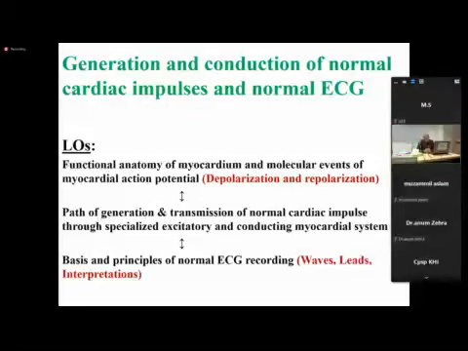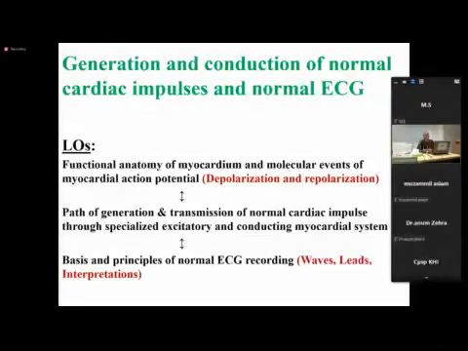And these are: number one, the generation and conduction of normal cardiac rhythm, which is also called sinus rhythm. Number two, normal ECG. And number three, the cardiac cycle.